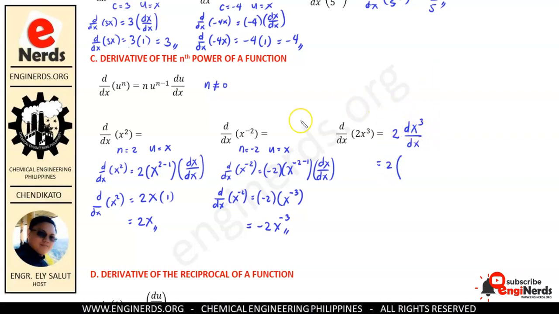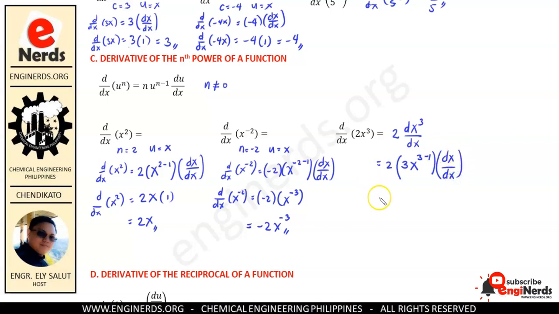Okay, so this is equal to 2 times the derivative of our x cubed. In order to solve this, we will apply this property right here. So we will take down our exponent 3 and then copy the base of the exponent, and our exponent we will subtract by 1. Okay, and then multiply it to the derivative of the base of the exponent, so we have dx over dx.